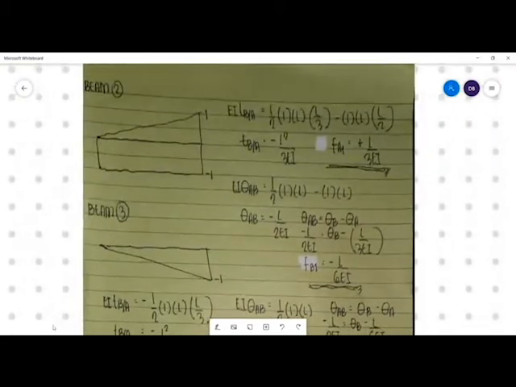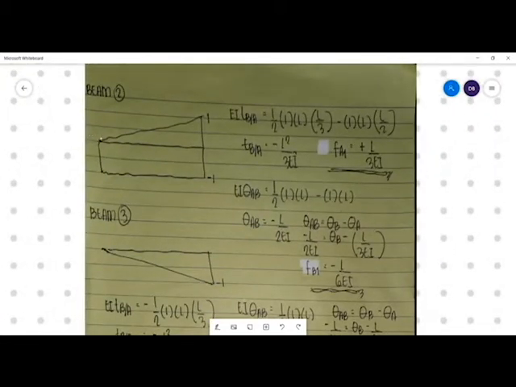So beam number 2, this is how it will look like. We have a 1 unit moment on the left. If we decided to clamp it on the right, we have a 1 kilonewton meter reaction here. And then we are also going to have a negative 1 unit moment, which is constant.